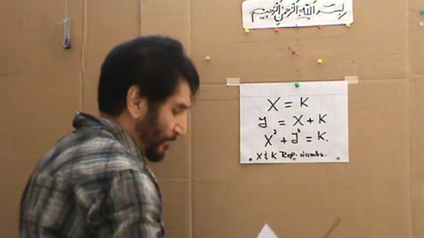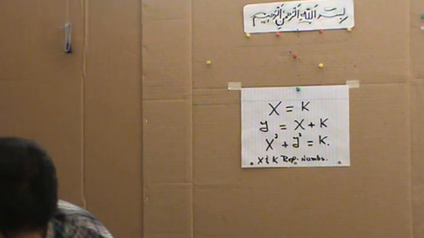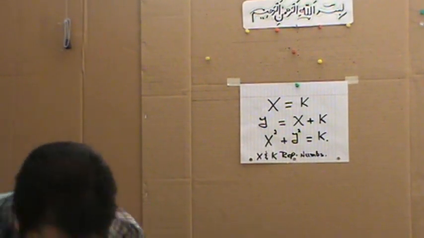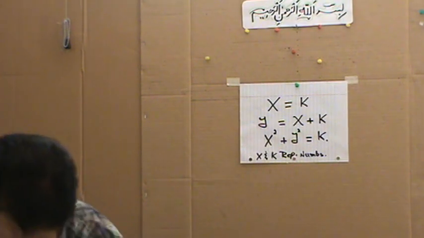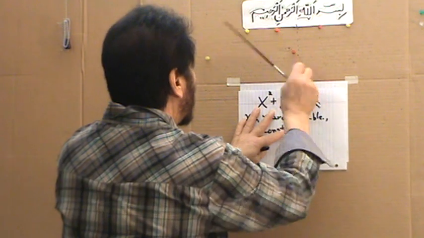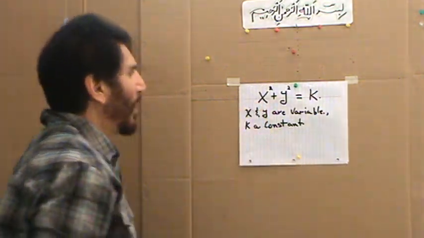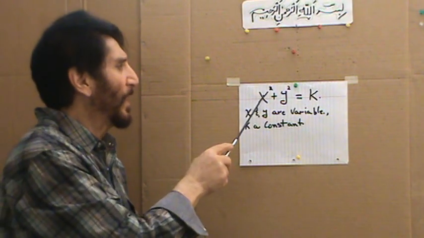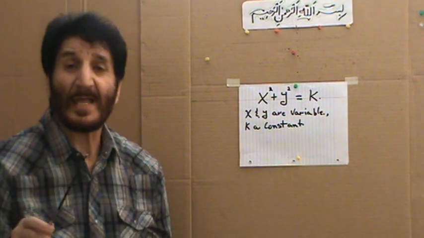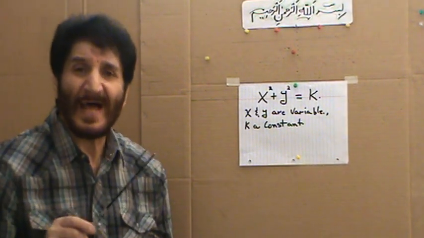Okay, now let's see, I have this one I already mentioned. And let's talk about x squared plus y squared equals k. Now here, x squared plus y squared equals k, where k is a constant, and x and y are variables.